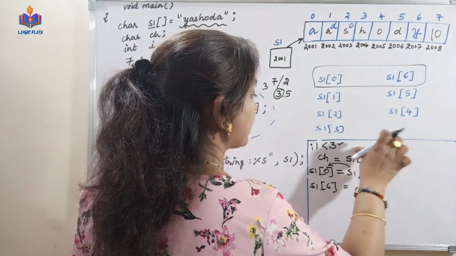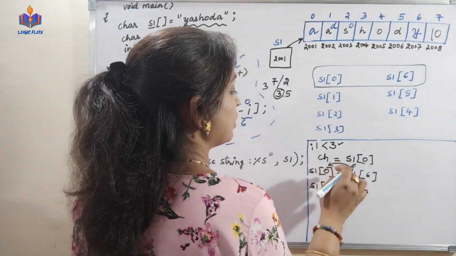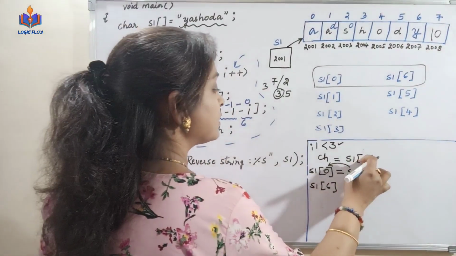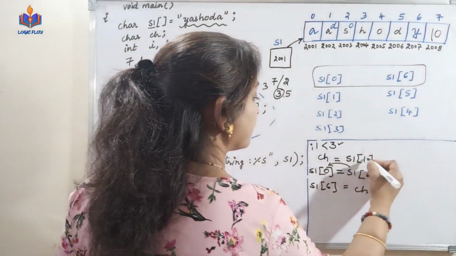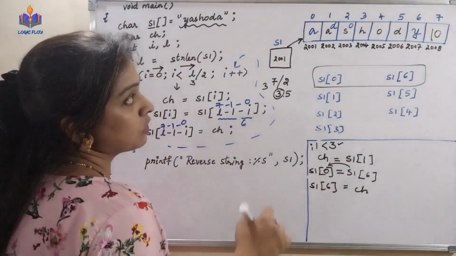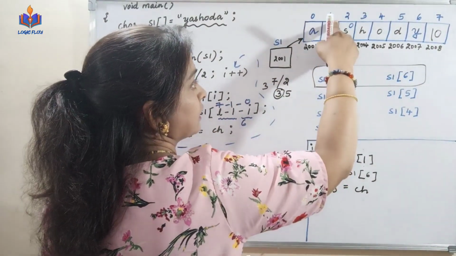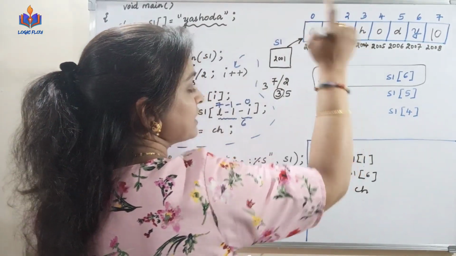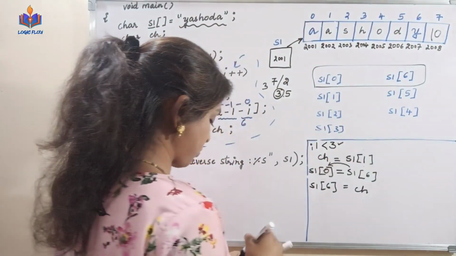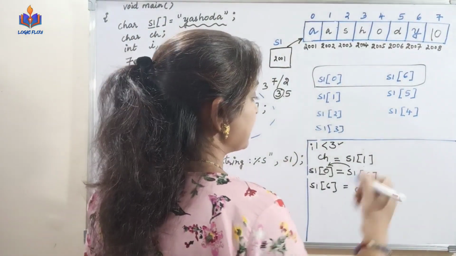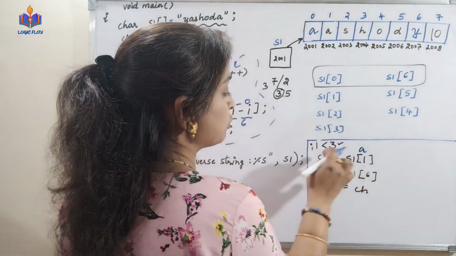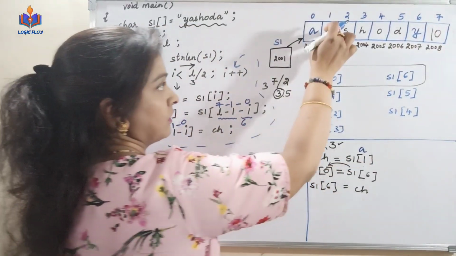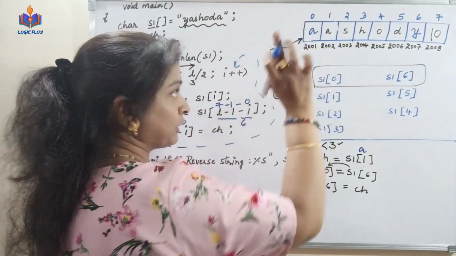So here what I should do? CH equal to S1 of I, and I means 1. S1 of 1. What is S1 of 1? S1 of 1 is A. That I need to store to CH. Now the new value for CH is A. Okay. I need to safeguard this, means I need to take a backup of this.